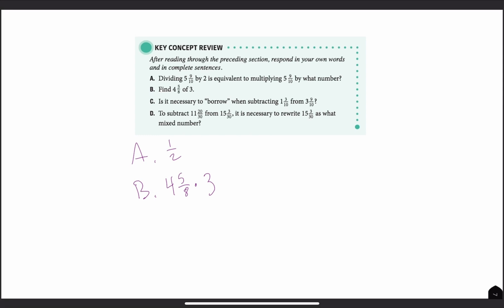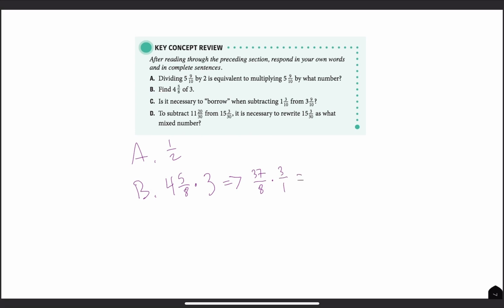So whenever we want to multiply involving mixed numbers, we have to turn them into improper fractions first. So 4 and 5/8, 4 times 8 is 32, and 5 is 37/8 times 3, which could be written as 3 over 1.